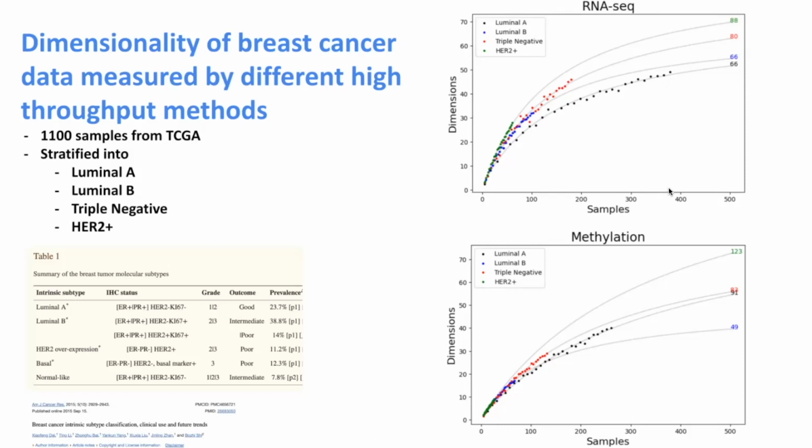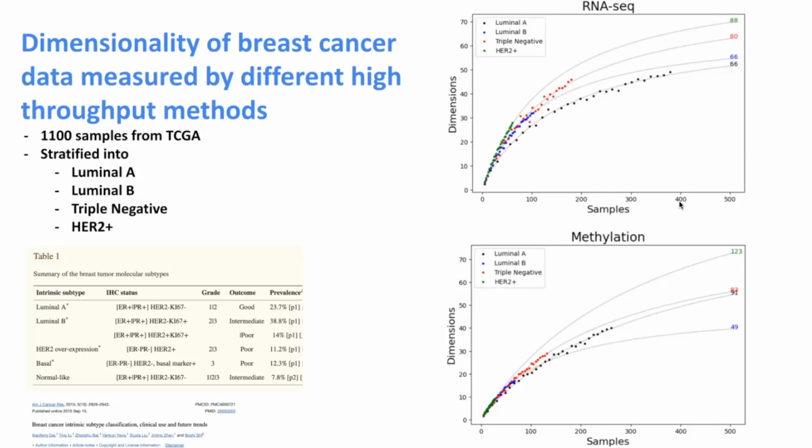So to briefly explain the plot: in the case of luminal A, there were about 400 samples in RNA-seq that were available. And if we take those 400 samples, and then we ask how many dimensions we need to capture, let's say, 98% of the variance, it was somewhere between 40 and 50, right?